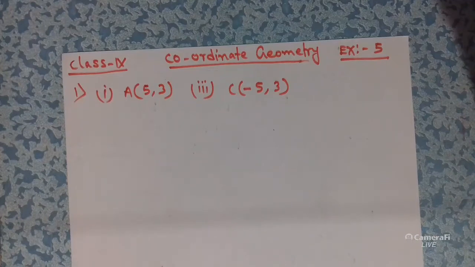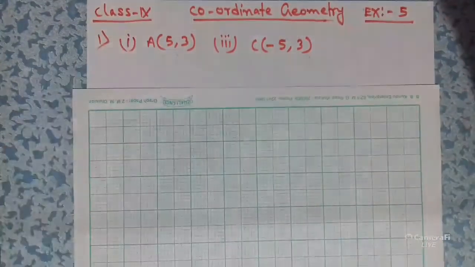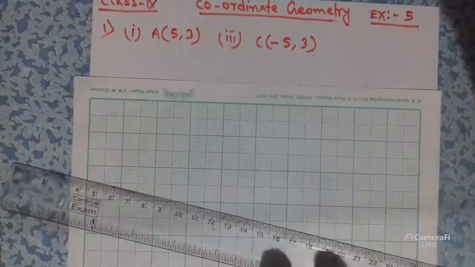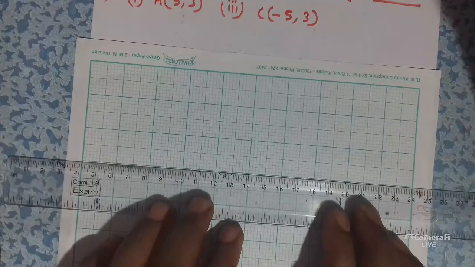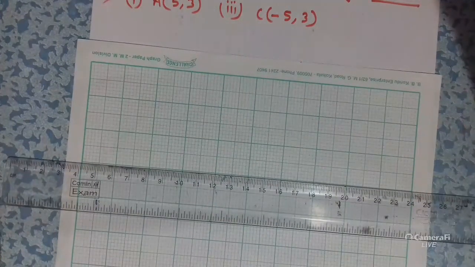So at first we have to take a graph paper, and then we have to draw two axes. One is the x axis and the other is the y axis.